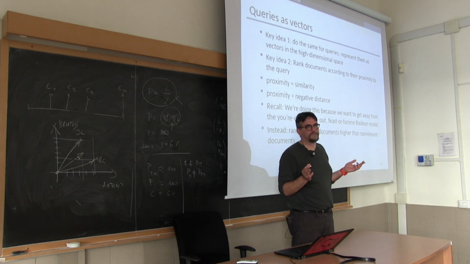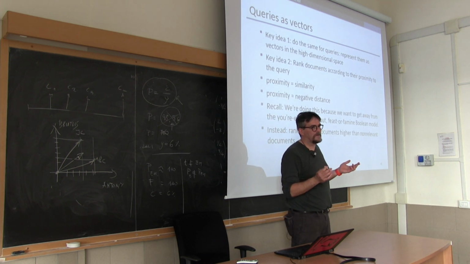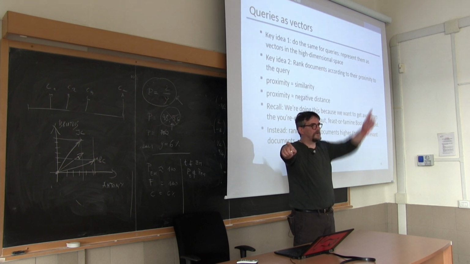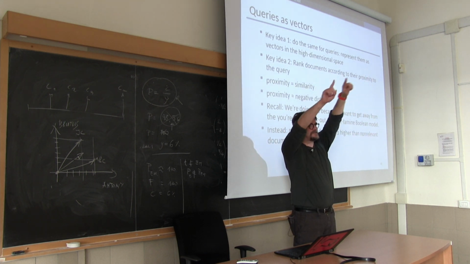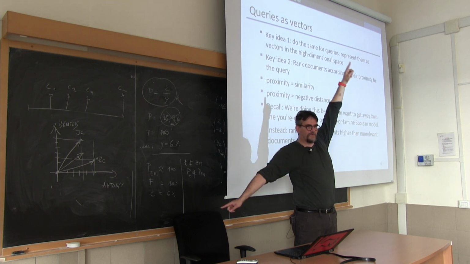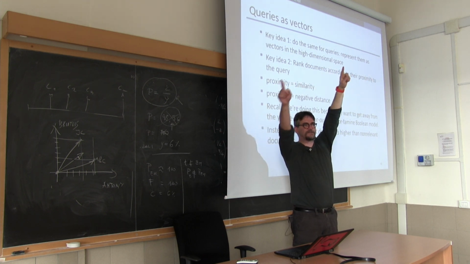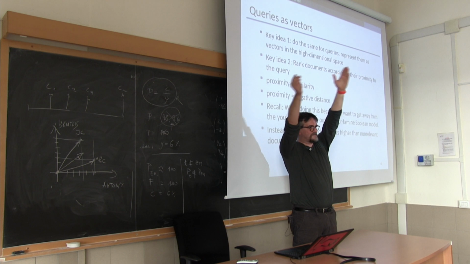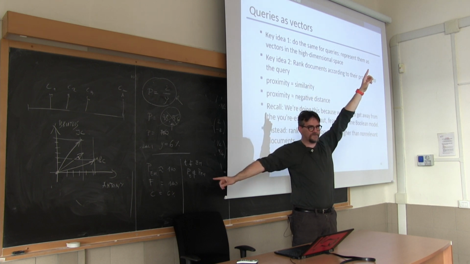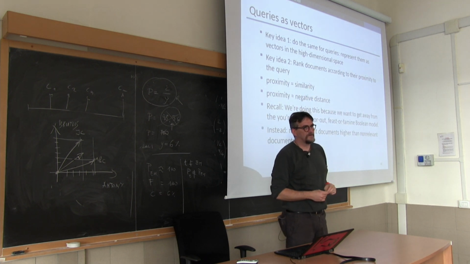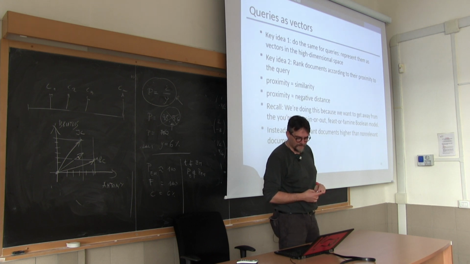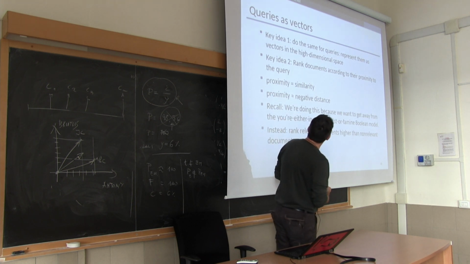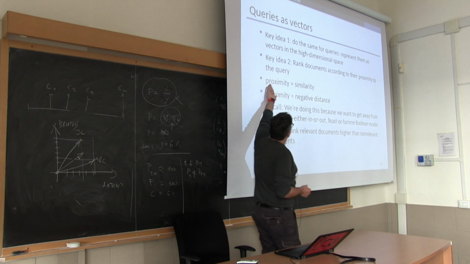That's the whole idea. Okay? Document, query, this is the distance. Document, query, this is the distance. This document is more relevant because it's closer with respect to this document. Okay, so the proximity basically is a similarity.